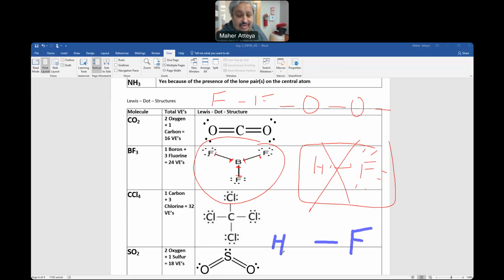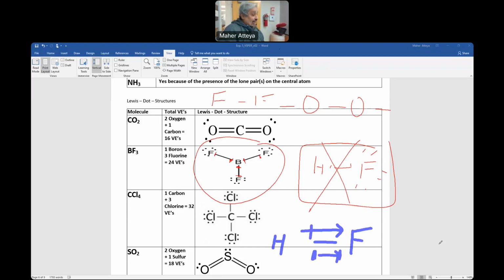Hydrogen, far away, does not feel its valence electron. Hydrogen has no power on controlling its valence electron. This valence electron is pulled towards fluorine.